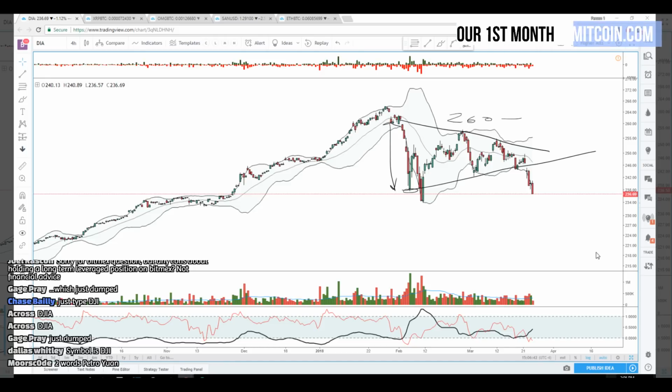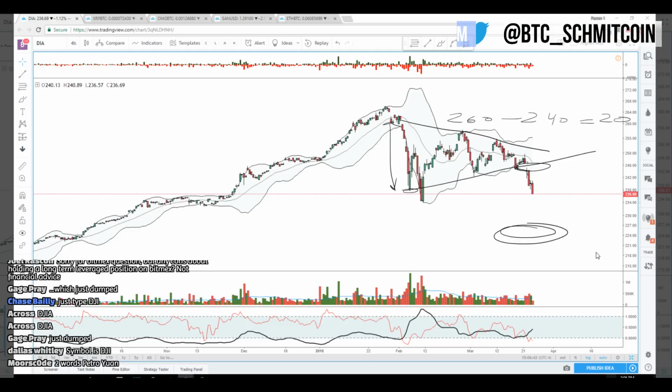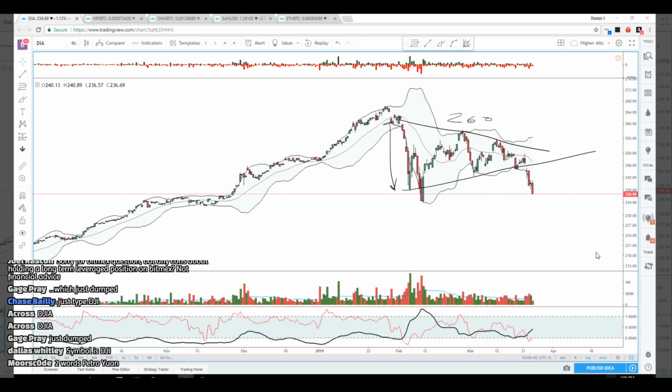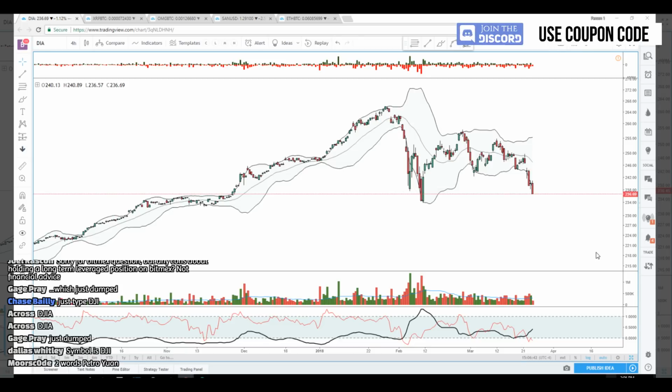Yeah, 260 minus 240 is a $20 move. So the price target from here, from 240, is 226, which is down here. If this comes this far down, we could potentially be on the beginning stages of a really, really bad bear market, like a global bear market.